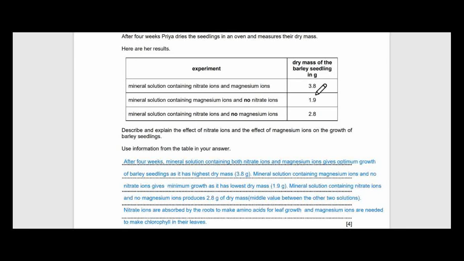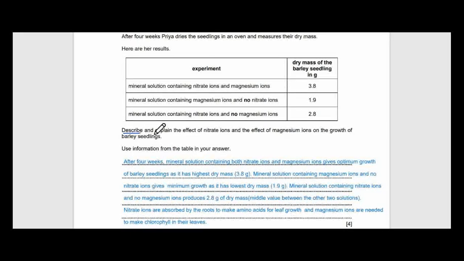And the mineral solution containing nitrate ions and no magnesium produced 2.8 grams of dry mass, which is a middle value between the other two solutions. So we have described the effect of nitrate and magnesium ions on the growth of barley seedlings.